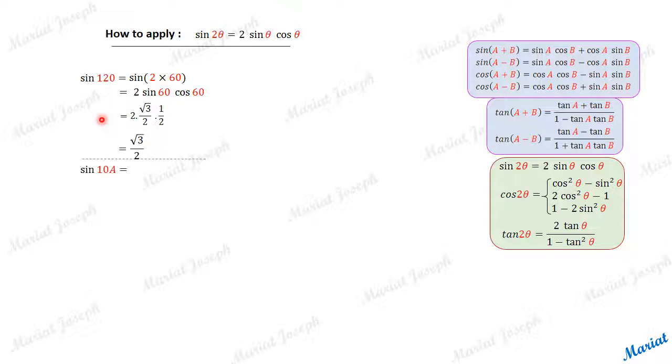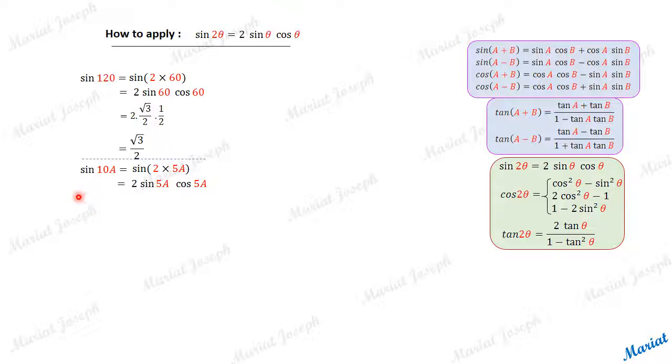Now, sometimes we get to simplify this kind of function, sine 10a, using this formula. Treat 10a as twice of 5a. And applying the formula we get 2 sine 5a cos 5a. This kind of simplification is required for further questions in this chapter.